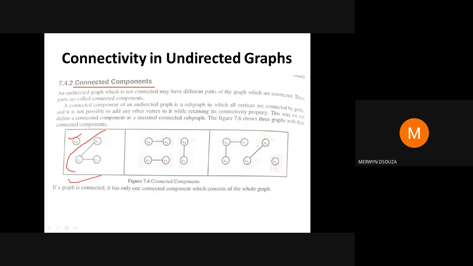But if you look at these vertices here, this is a subgraph, and these components are connected. Therefore, we call them connected components. There may be different components. For example, here, these components are connected. So there are three different components here. The entire thing is one graph, but there are different components which are connected.